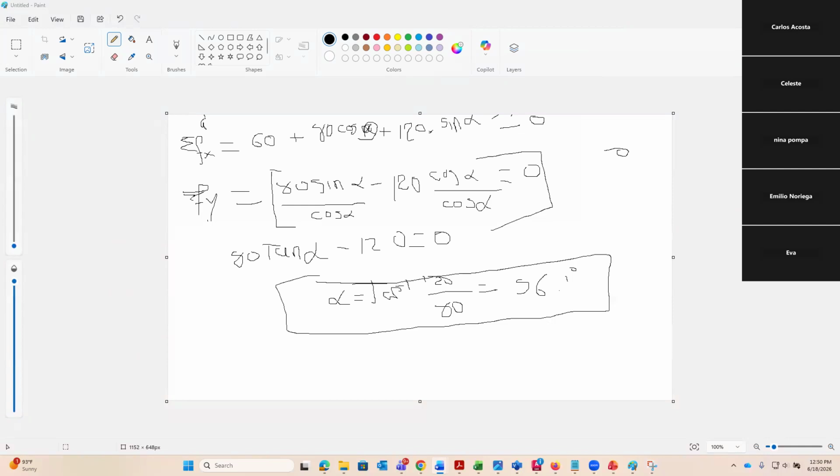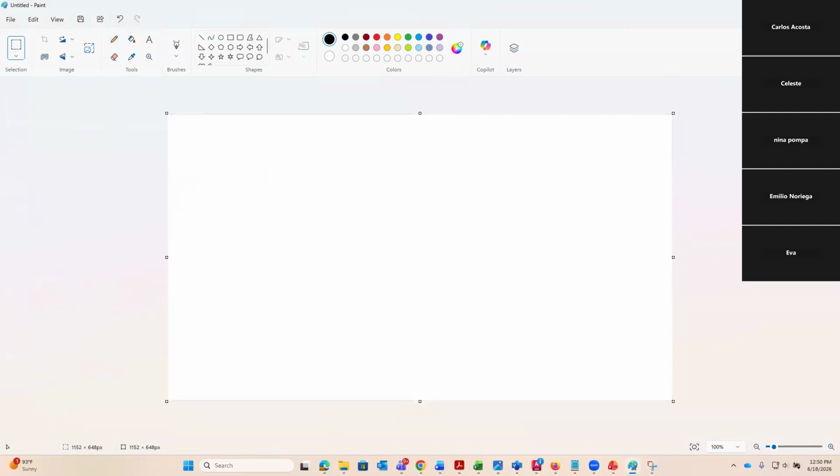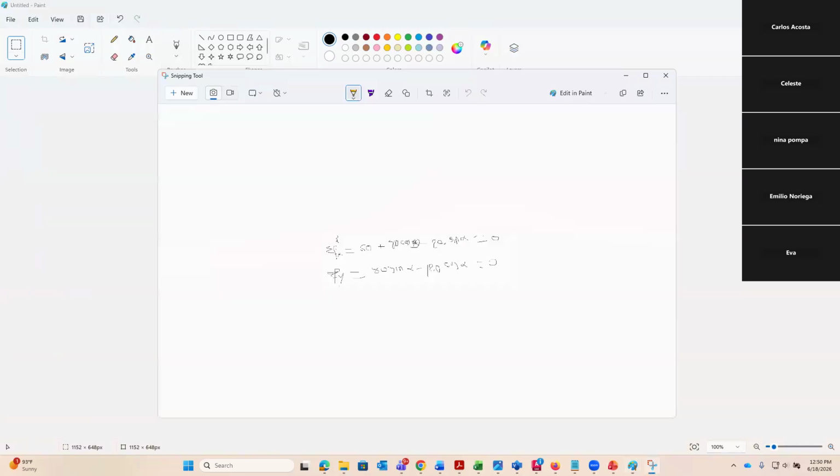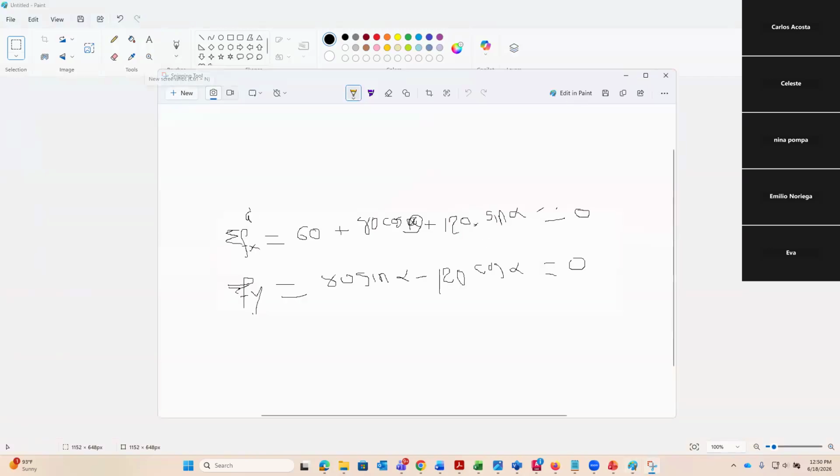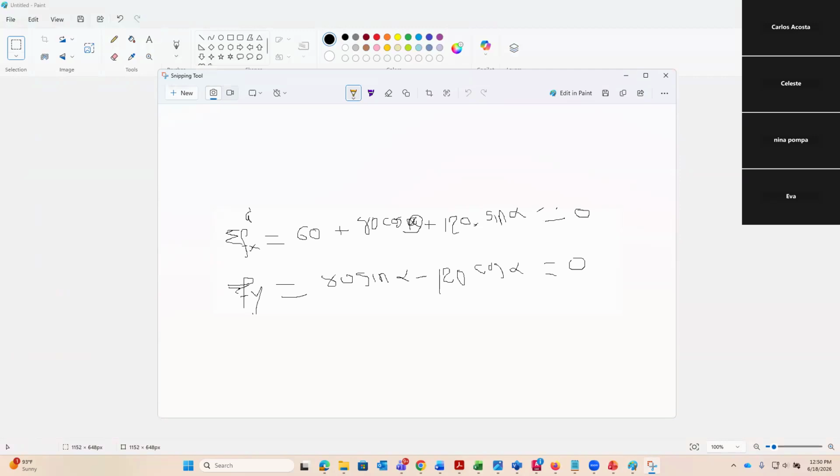I think we should do one for module 3, where you get the moment. Here, let me look for a good example. One that gives us moments.